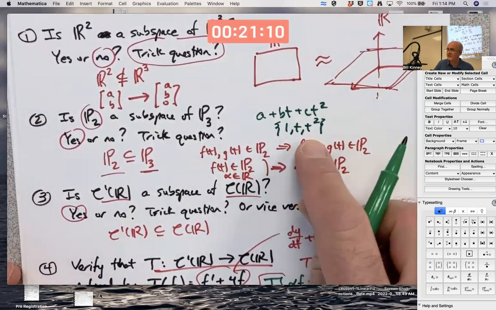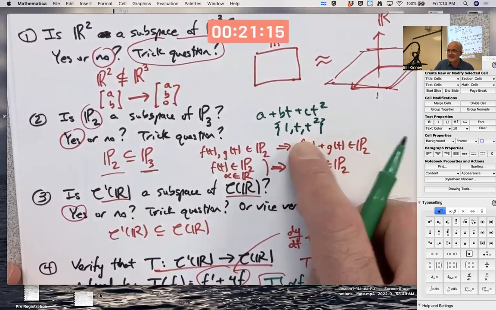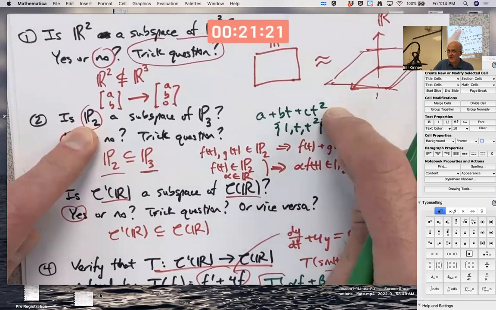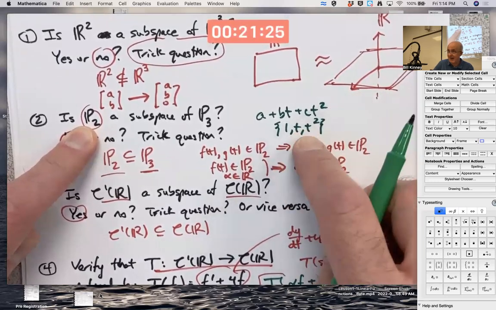And those polynomials turn out to be linearly independent as well. They do form a basis for P2. The fact that any polynomial of degree less than or equal to 2 can be written this way implies this set spans P2. It's also linearly independent. That's a little harder to think about. Don't have time to go into details.